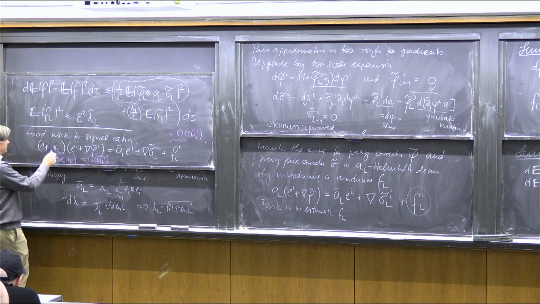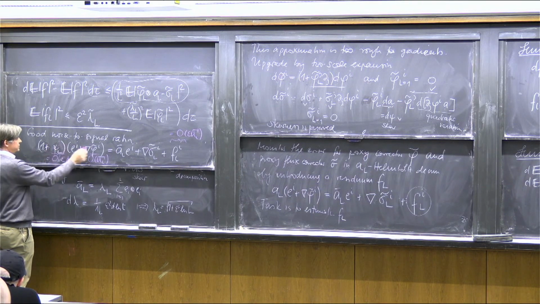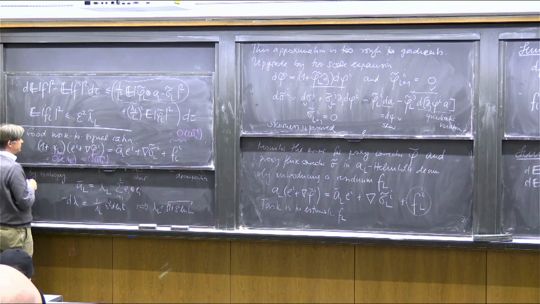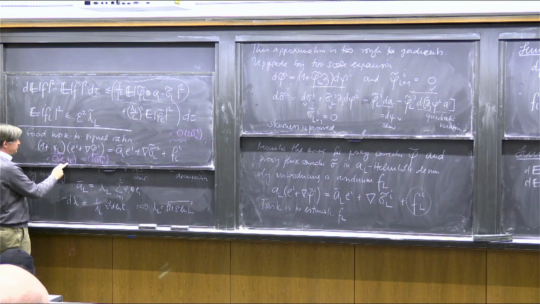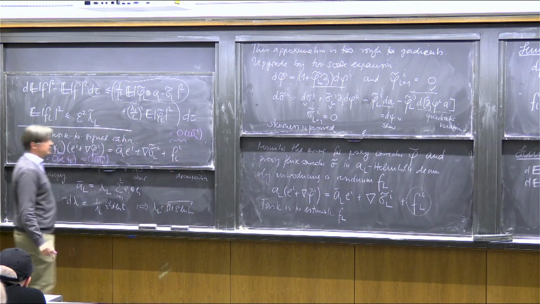So at least when this skew-symmetric term falls onto this gradient term, you get something which potentially could be a logarithm to the power 3 over 4, but the error term is much smaller.